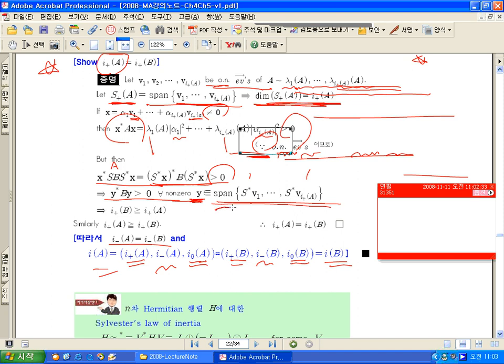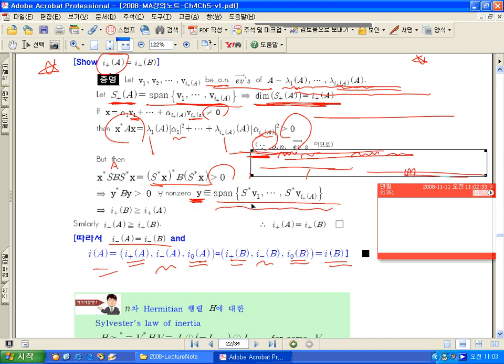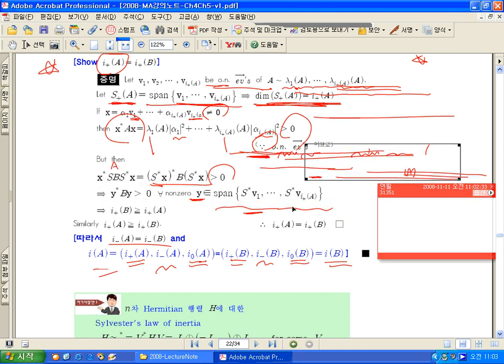What's the dimension of this? So what this means is that for any non-zero vector Y, this is positive.